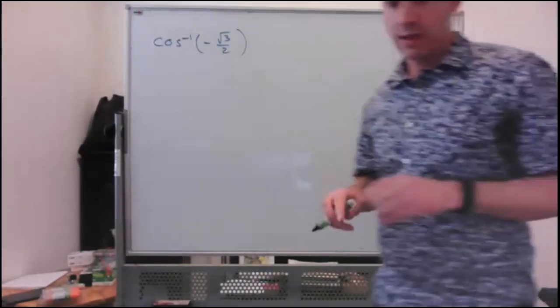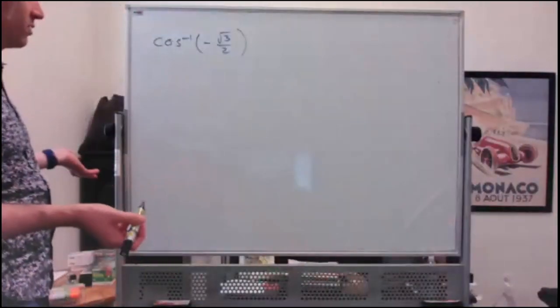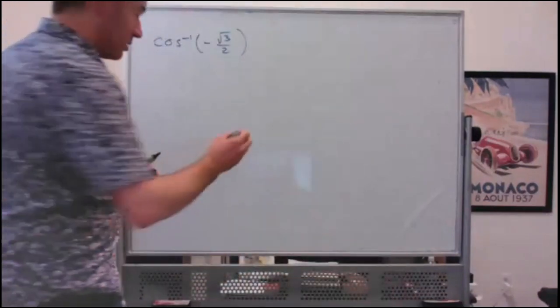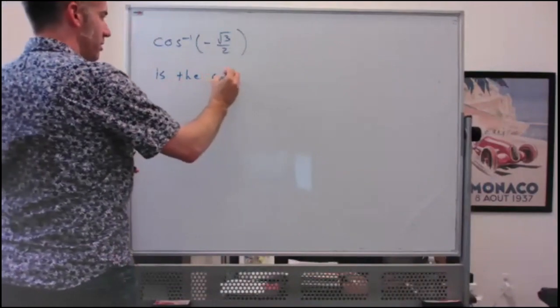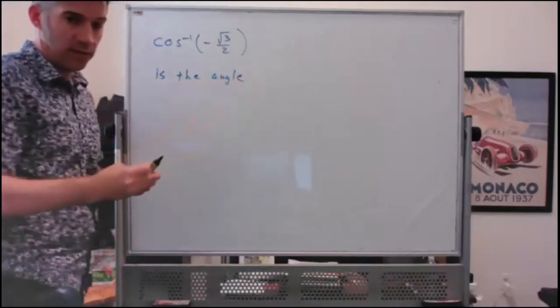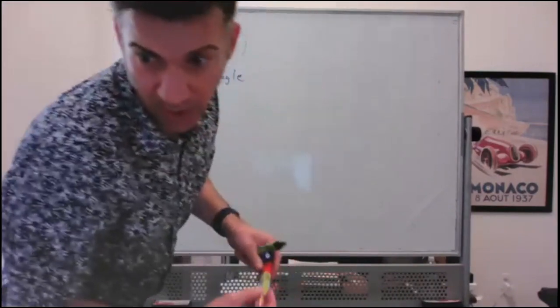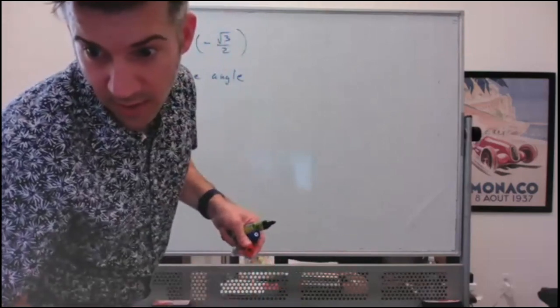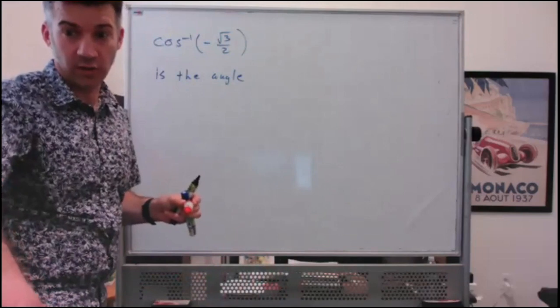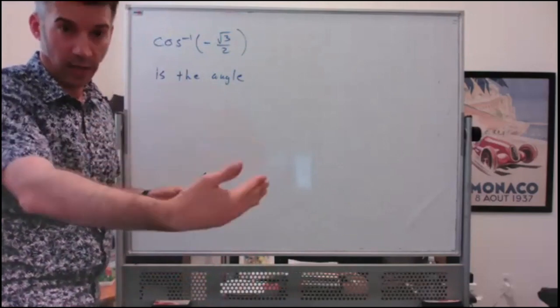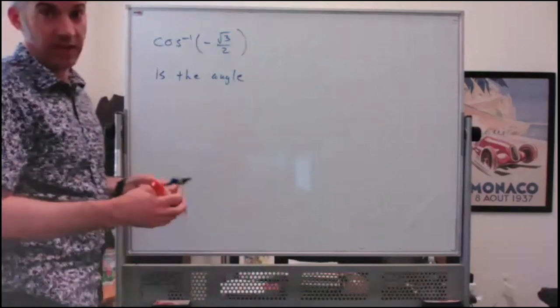So inverse cosine of negative root 3 over 2, same idea, and I'm going to be a little bit more explicit here. So this is the angle, and again, I don't need you to write this next part on your test, but I'm going to write it for you now. Yeah, exactly. That's why it's called an inverse trig function, because one input gives you one output. That's what we call a function.